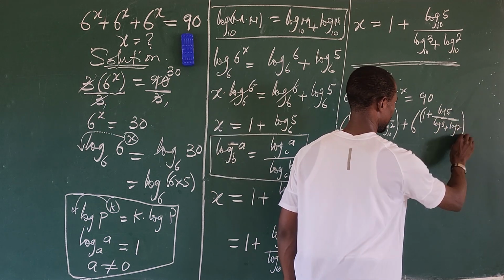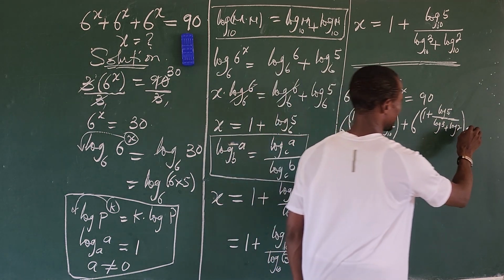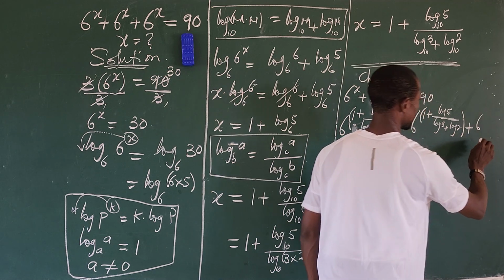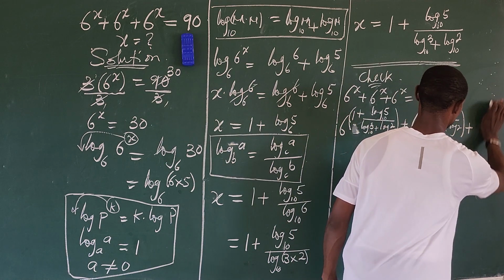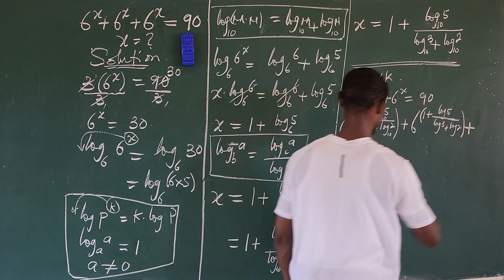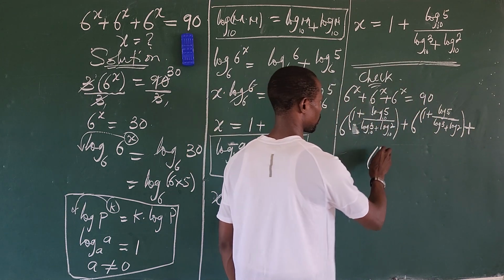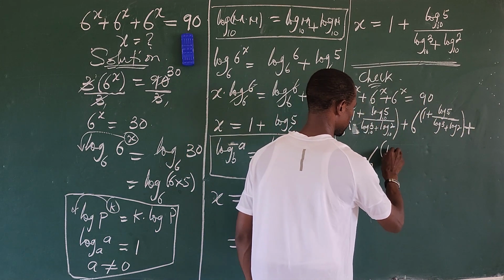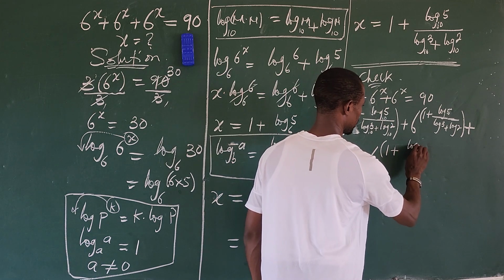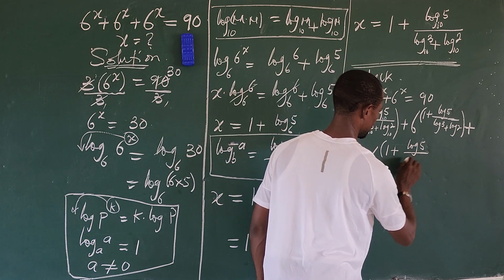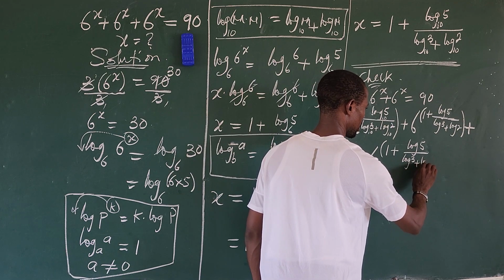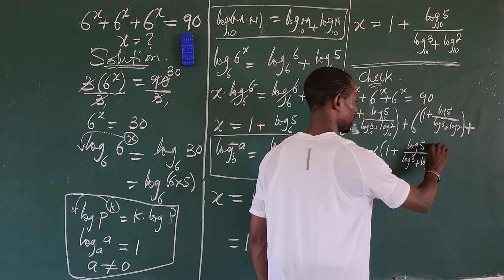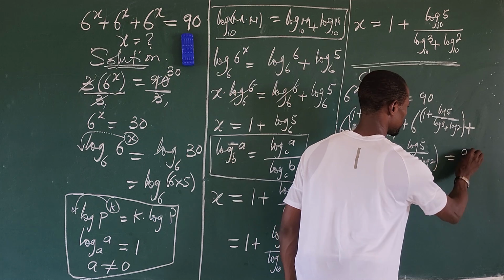Wow. Let's see what this gives us. Then plus another 6 again, all to the power of 1 plus log 5 base 10 all over log 3 plus log 2, close bracket, everything equal to 90.